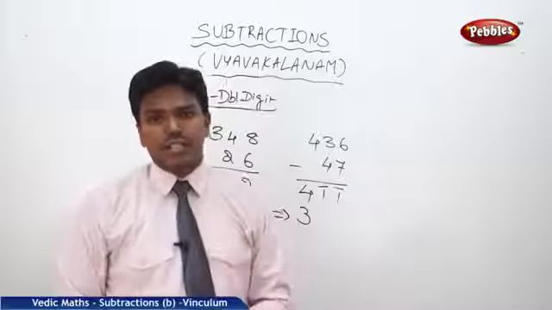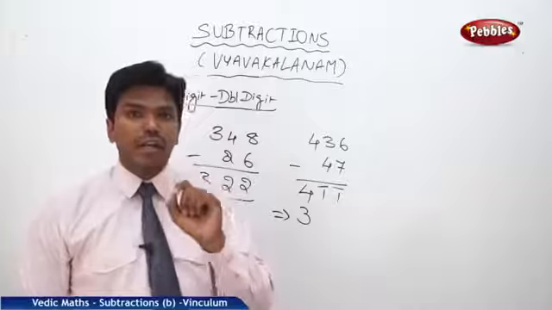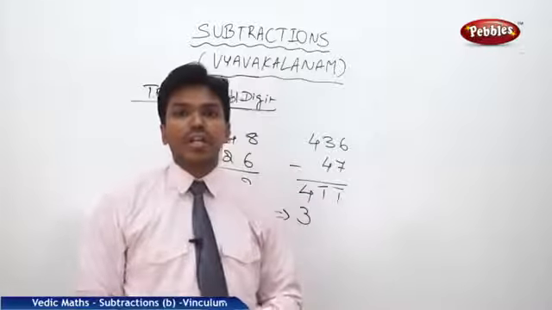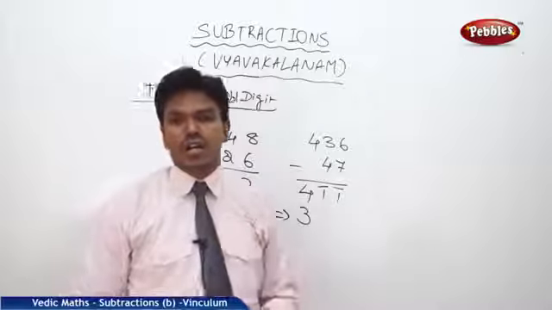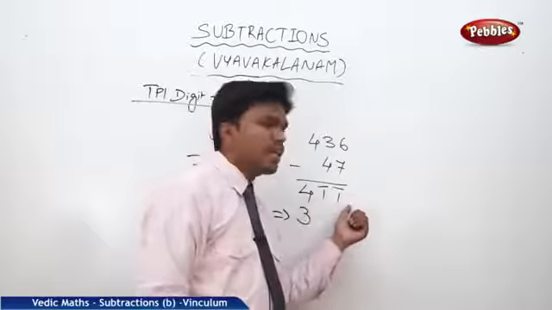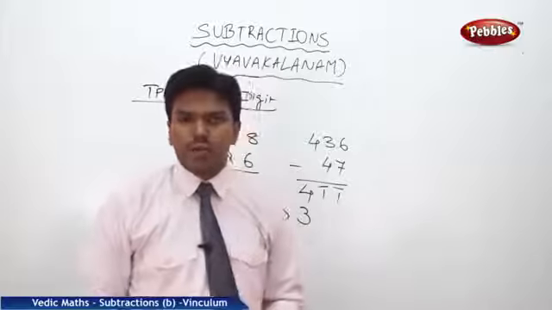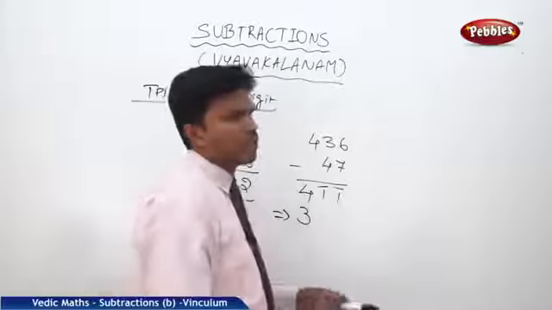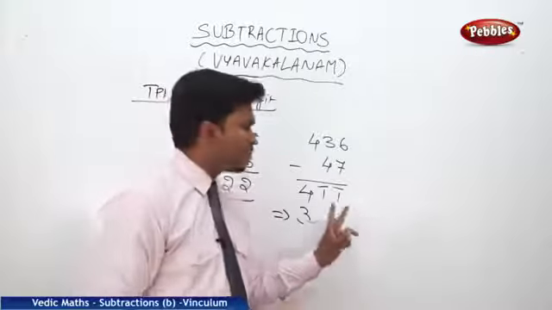Just like we discussed, whenever the numbers have bars continuously, apply all from 9, last from 10. Once again, whenever the numbers are getting continuously bars on them, apply all from 9 and last from 10. Now there are two numbers continuously having the vinculum on them. So just apply all from 9 last from 10 for these two numbers.